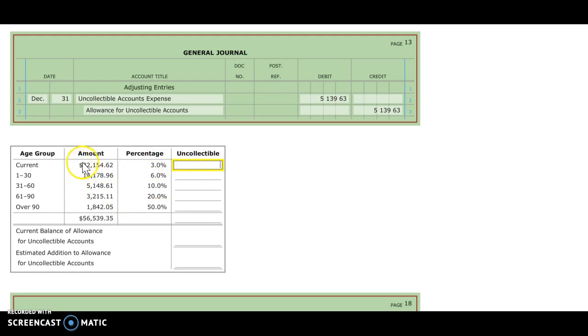So I'm going to take each amount for each age group and then times the percentage for each age group. So first one, I'm going to take that $32,154.62 times, we're estimating 3% of that will be uncollectible. So that amount will be $964.64. Next one is going to be $850.74.